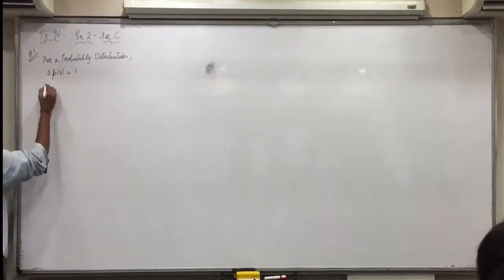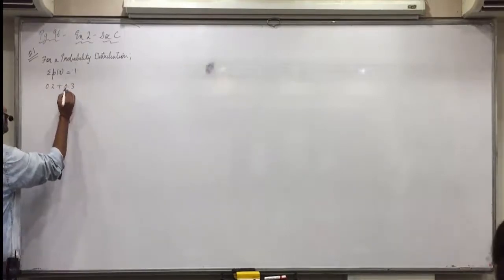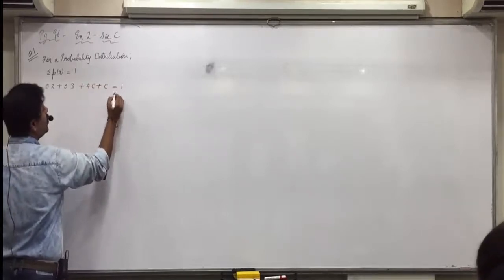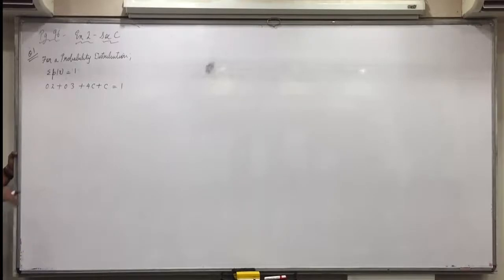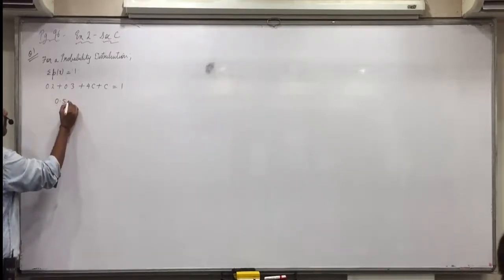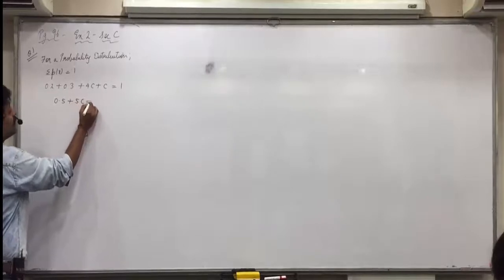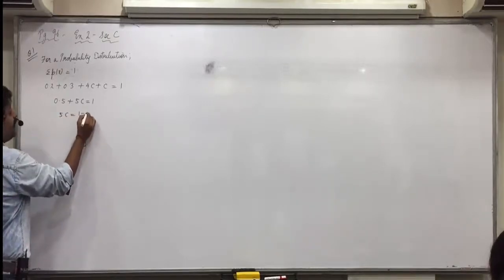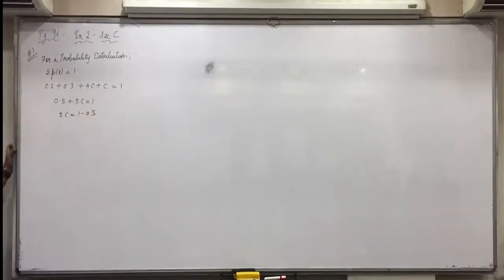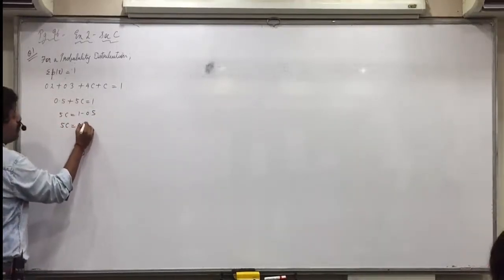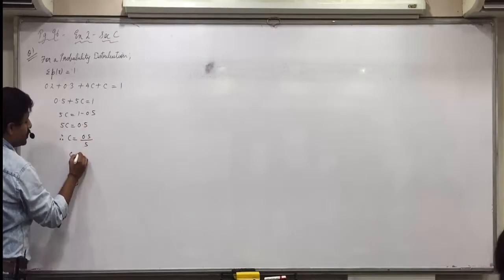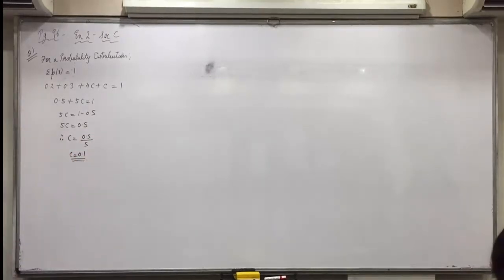So 0.2 plus 0.3 plus 4c plus c is equal to 1. 0.2 plus 0.3 is 0.5. 4c plus c is 5c, equals 1. 0.5 taking to the right side will become minus. So 5c equals 0.5 and c is equal to 0.5 divided by 5, which is 0.1. Only c is asked in the question.